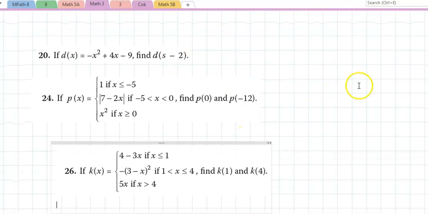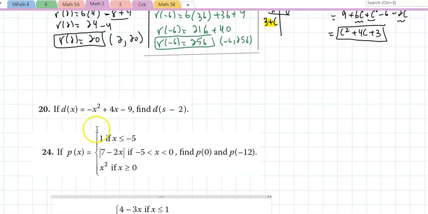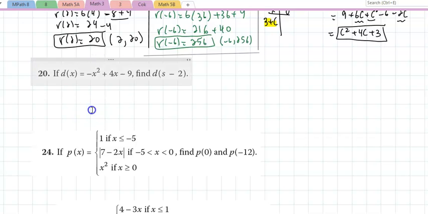I have one more of those. That's all I could put my hands on. Y equals negative x squared plus 4x minus 9. Find it when x equals s minus 2. D of s minus 2. Wherever you see an x, right there.